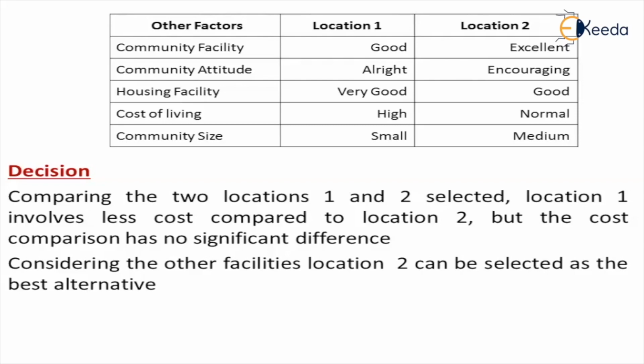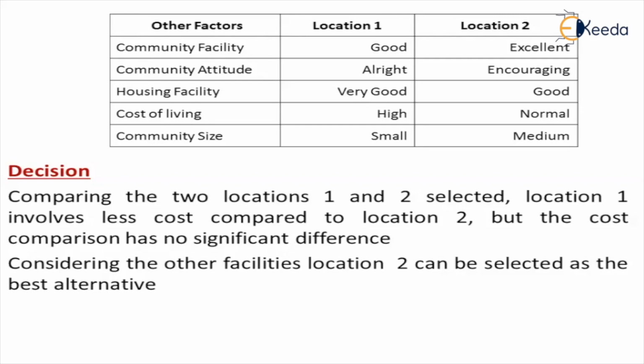Then community size. Out of the entire people, how many people will be coming to work in our district? So while comparing location 1 and location 2 based on these factors, location 2 is better. So how to come to a conclusion now? On the cost basis, location 1 is better, and on the other factors, location 2 is better. So now I have to look for some specific factors.